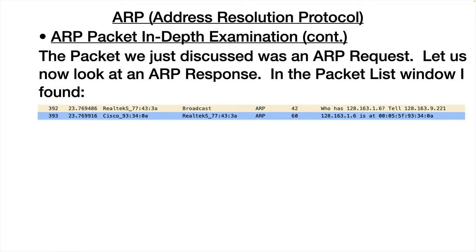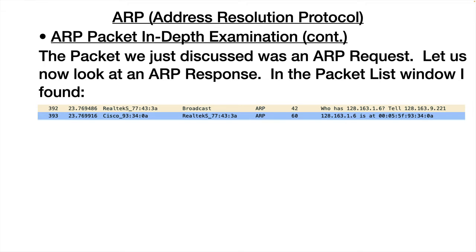I was looking in Wireshark in the main window, the packet list window, and 393 is the response to the broadcast ARP request in 392. You'll notice the question here in a light brown: who has 128.163.1.6?